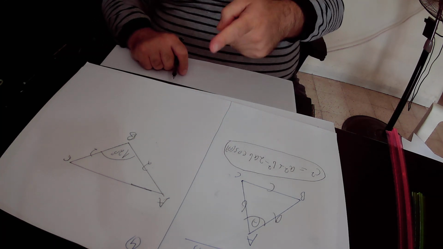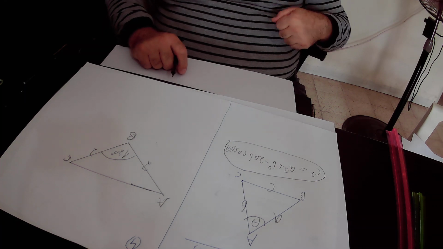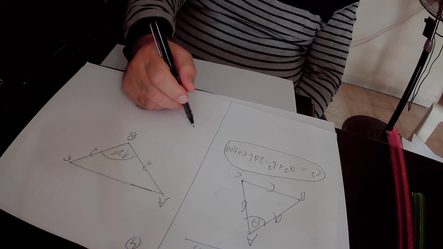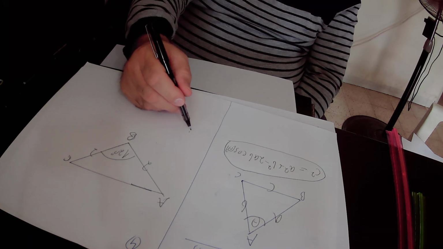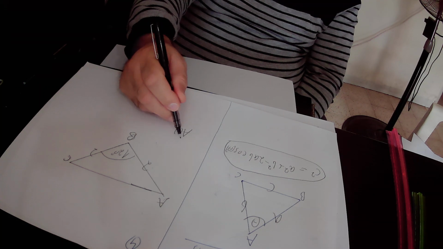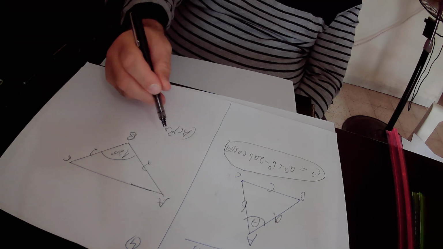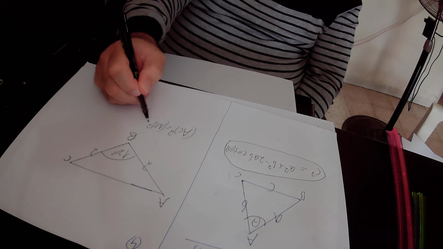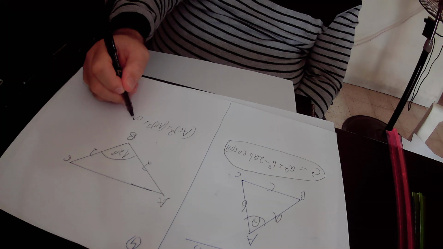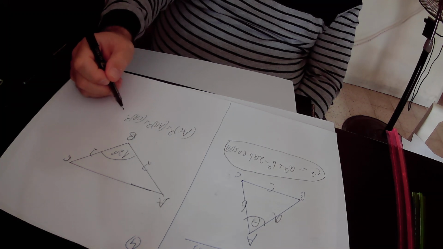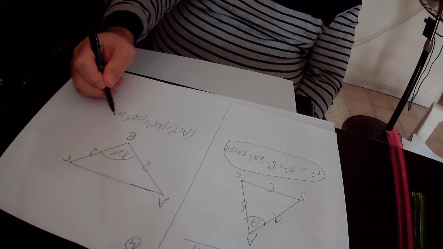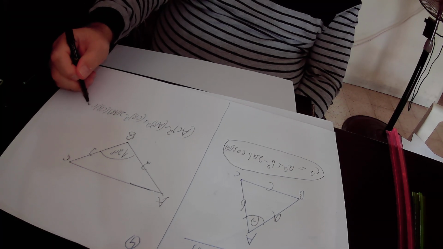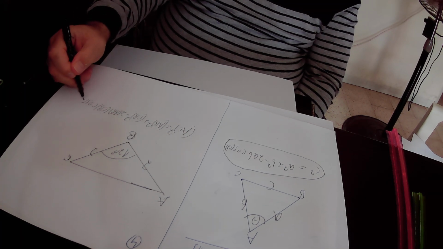According to the law of cosines, AC squared equals AB squared plus CB squared minus 2 times AB times CB times cosine 120 degrees.